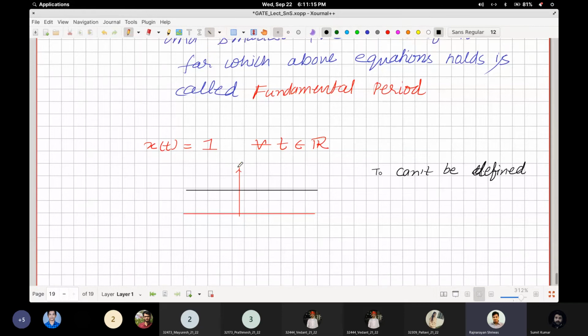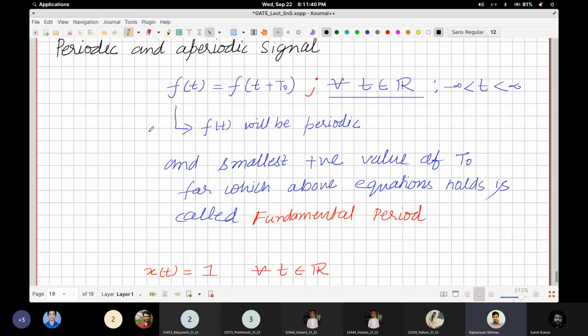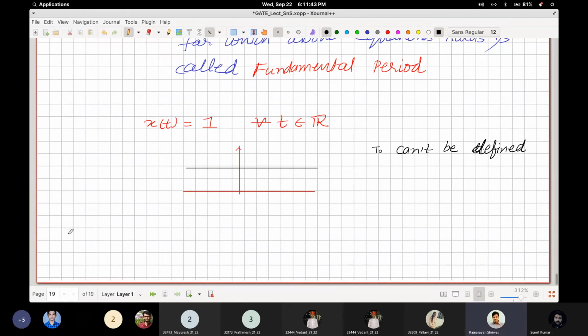Okay. One more thing that is by definition here, that if a signal is periodic, it should exist from minus infinity to infinity. यहाँ पे क्या लिखा है? For all t element of real number between t equal to minus infinity to infinity. So by definition, a periodic signal must exist from minus infinity to infinity. Is this clear? So let me just write this.